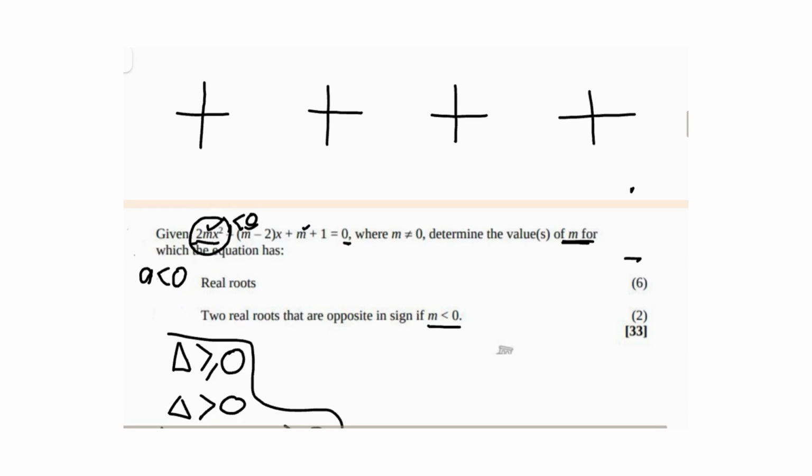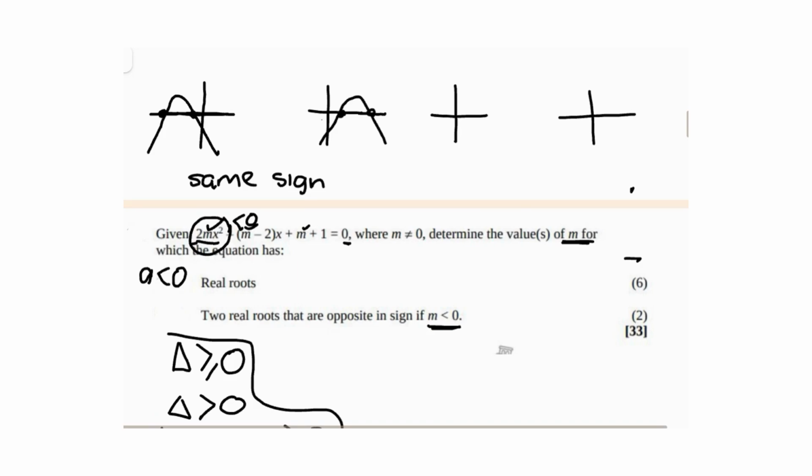We are working with a negative graph because m is less than 0. So I'm going to start with the graphs which have the x-intercepts of the same sign, meaning maybe they are both positive or both negative. So we are looking at a negative graph. You can either have the graph to look like that, or you can either have the graph to look like that. In both cases, here the x-intercepts are both negative, here the x-intercepts are both positive.